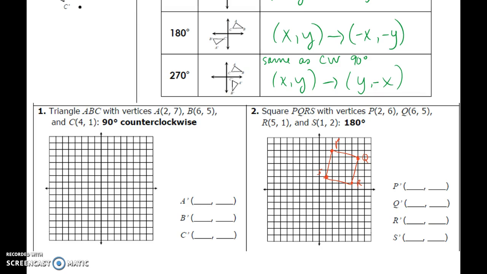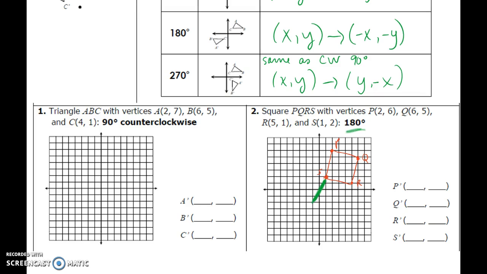So if you want to do it visually, the idea is that this point S needs to move 180. So if you connect it to the origin, I hate this fat highlighter, y'all. It makes life so difficult. Let's do this. If we connect this point to the origin, we have to go the same exact amount in the opposite direction. So if this is up 2 over 1, it's now down 2 over 1 because that's what's going to create a straight line.